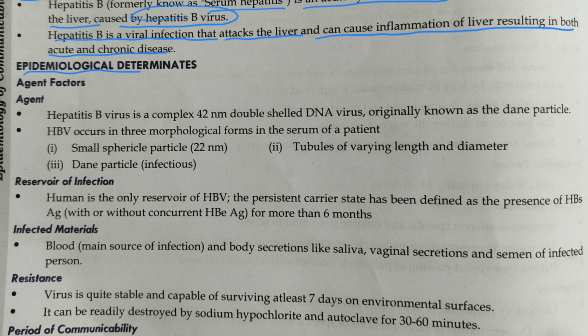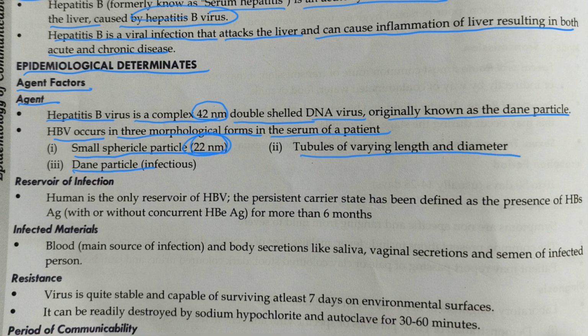Let's see the epidemiological determinants: agent and host factors. Agent: hepatitis B is a complex 42 nanometer double shelled DNA virus originally known as DANE particles. HBV, that is hepatitis B virus, occurs in three morphological forms in the serum of a patient: small spherical particles of about 22 nanometers, tubules of varying length and diameter, and DANE particles.